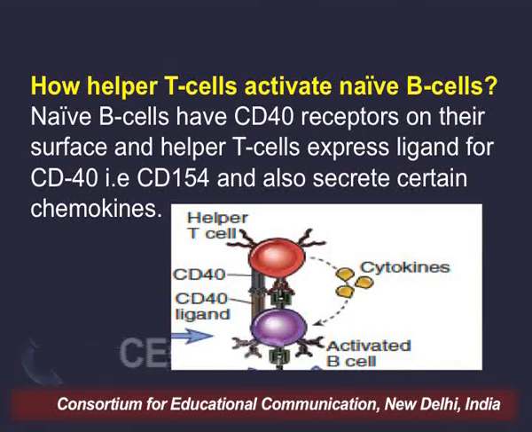Now the naive B cells have a protein, the CD40 receptor, on their surface, whereas helper T cells have a ligand known as CD40 ligand or CD154. So helper T cells upregulate the expression of CD154, and they also secrete certain chemokines.